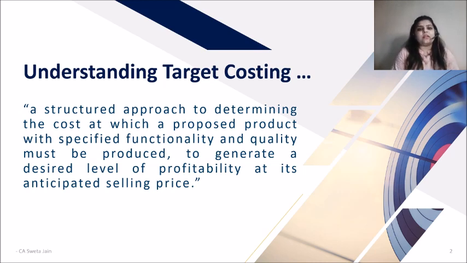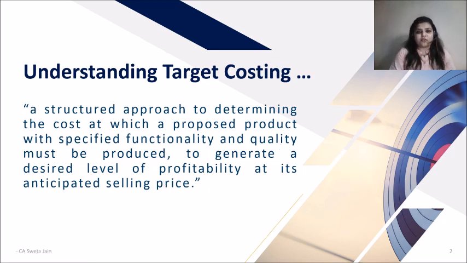So whatever selling price you are anticipating, whatever selling price you are fixing, seeing the market trend, from that selling price you remove your desired profit and you get the cost. You determine the cost through a structured manner and you try to reach that cost without changing the functionality and the quality of the product.